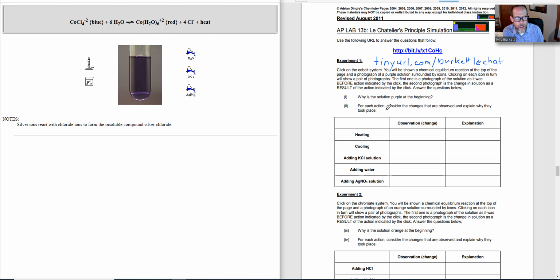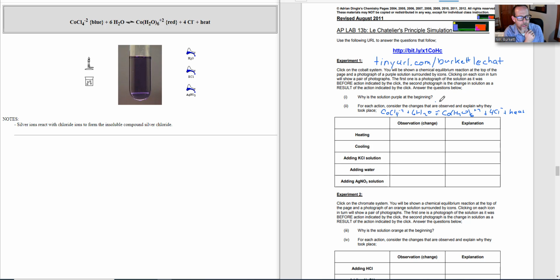So I can just jot it really quickly. I got CoCl4 with a -2 charge, plus 6 waters, and that is in equilibrium with cobalt, 6 waters of +2 charge, plus 4 Cl minuses, plus heat, just showing that it's exothermic.